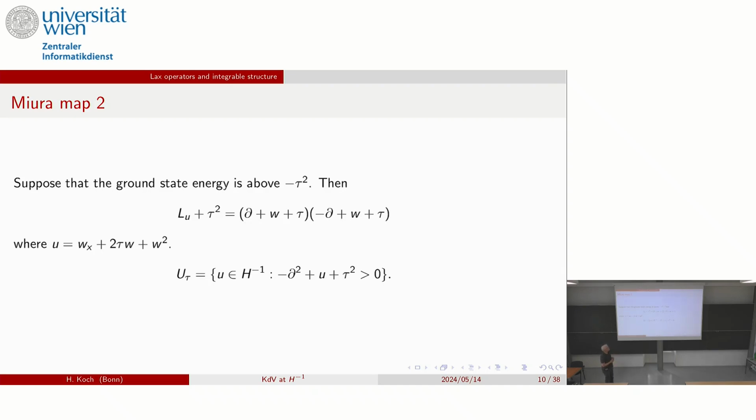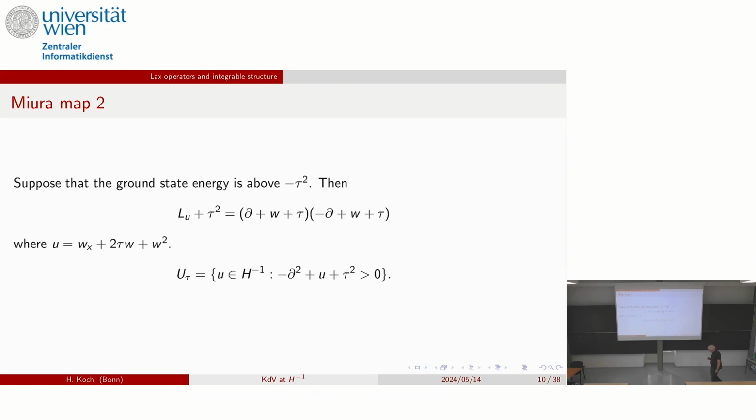So this gives this factorization here, and that is the one we work with. That gives this modified Miura map, which maps W to WX plus 2 tau W plus W squared. And this is a fairly interesting and intricate object, even though it's a first order scalar ODE which is behind that.